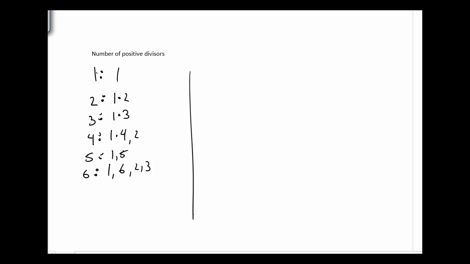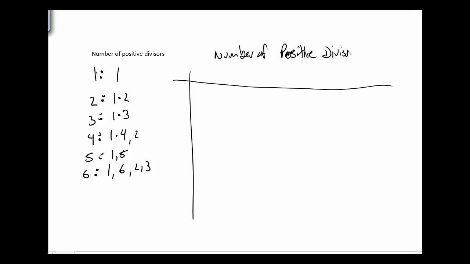Okay, so let me make a makeshift chart here, and we're going to label this the number of positive divisors. Okay, and under the column 1, what number has only one divisor?